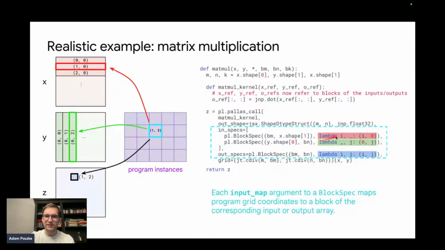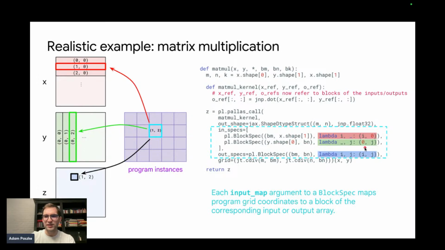For the left-hand side, if we have program instance 1, 2, that means we will take slice 1, 0, which is the second slice along rows. You can see here, because we have not tiled along columns, all of the tiles have coordinate 0 along columns. And similarly here, all of the tiles have coordinate 0 along rows.